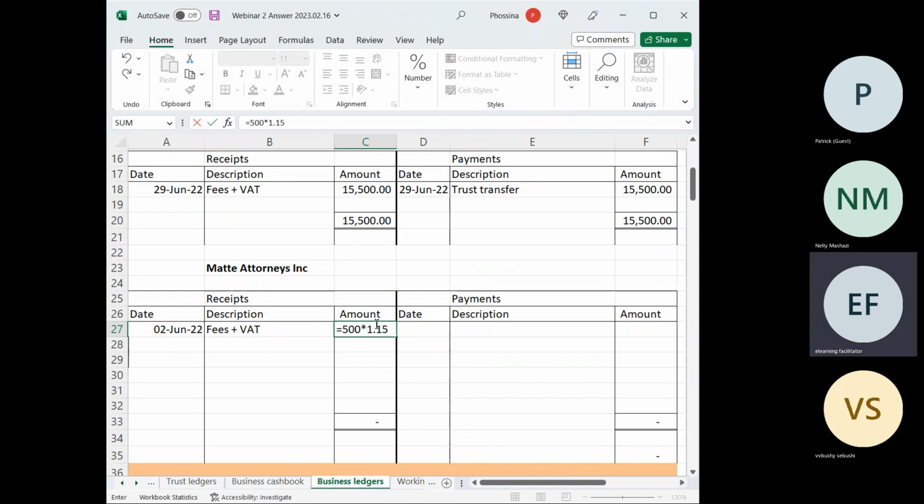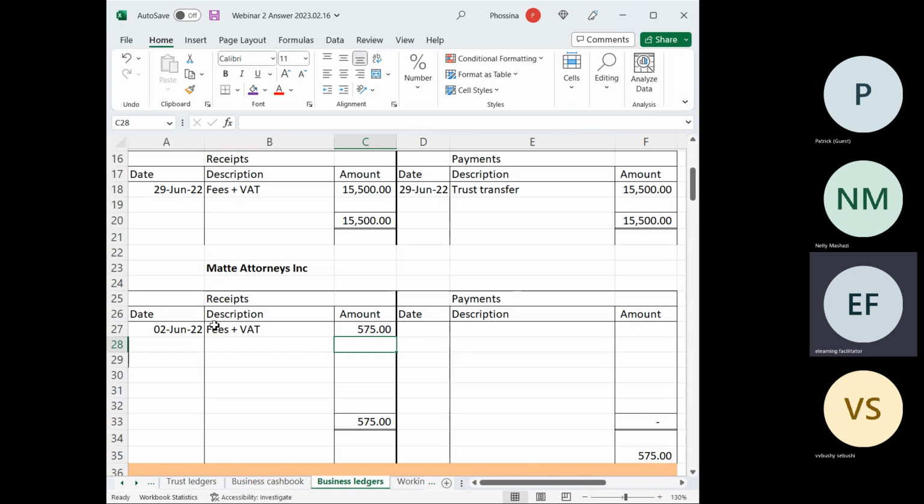So how we put VAT, we say multiplied by 1.15, or it's 500 plus open bracket 15% of 500, like that. 500 plus 15%. So it's fee plus VAT, and we get 575. So this is how we calculate.